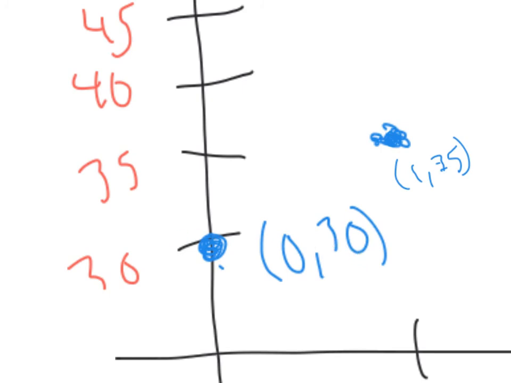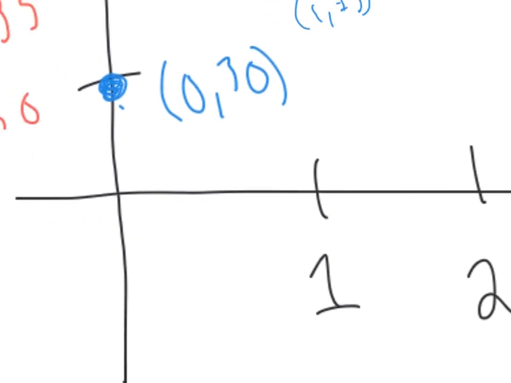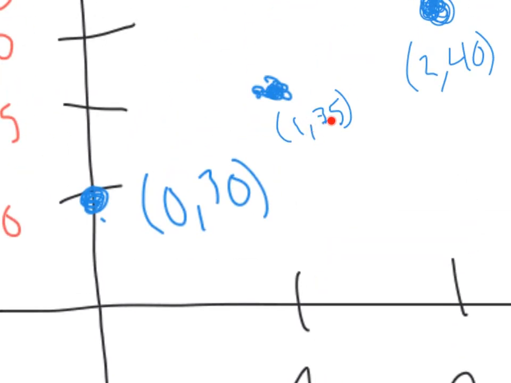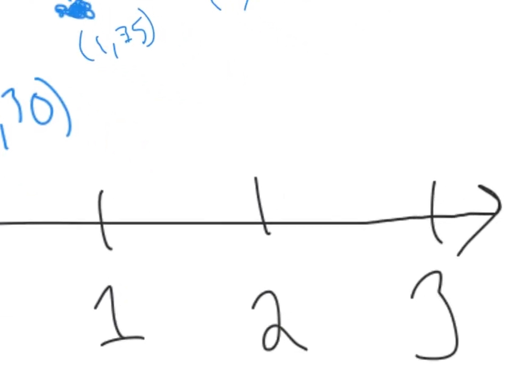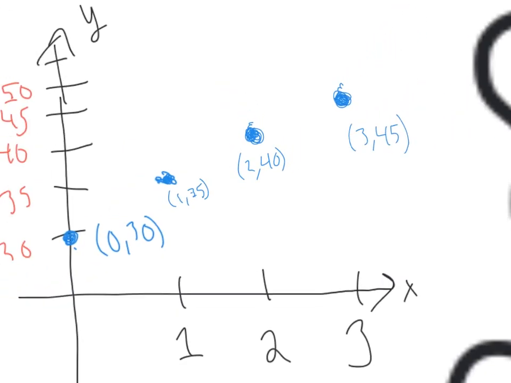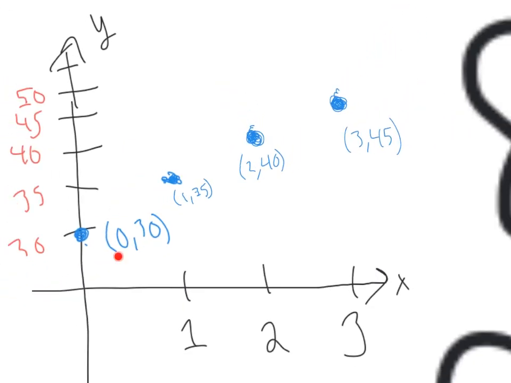And then if you take one class, your total price goes up $5 to $35 because each class costs $5 additional. So then for 2 classes, you're going to have to pay a total of $40 because you're paying that 30 plus 2 classes is 10 because each class is $5. So 2, 40, and then 3, 45. So the initial $30 plus $15 for 3 classes.